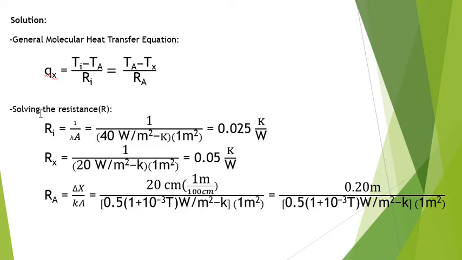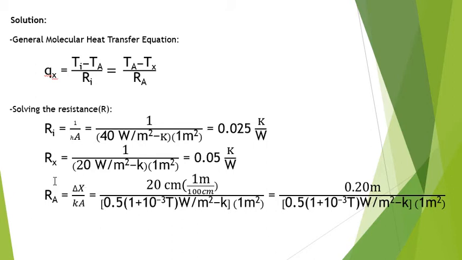Now, solving for the resistance, we use 1 over hA for the resistance of the cold and the hot air, for it is heat convection. Substituting the values, we have 0.025 Kelvin per watt for the resistance of the hot air and 0.05 Kelvin per watt for the resistance of the cold air.